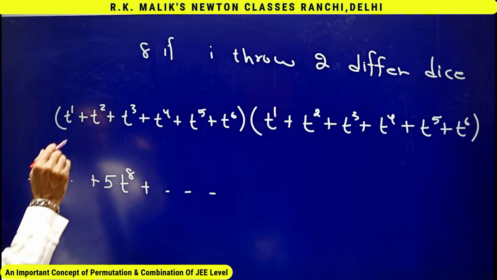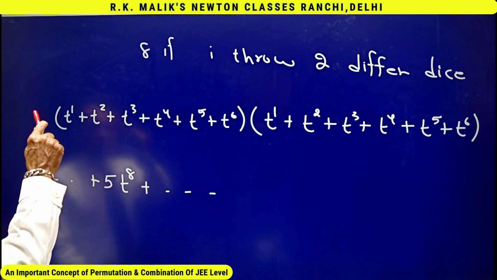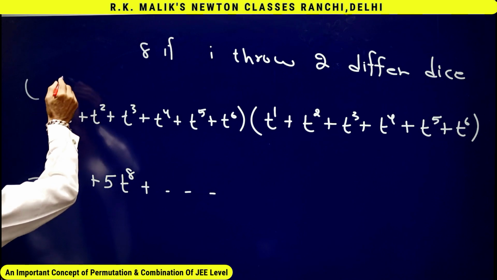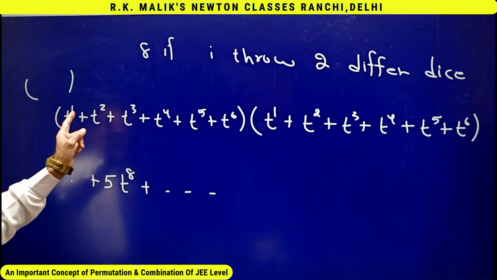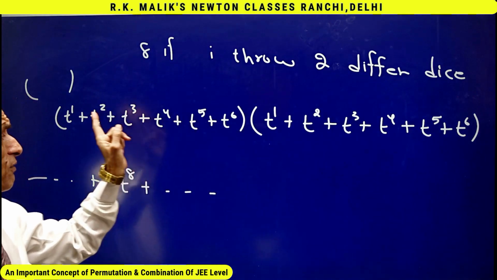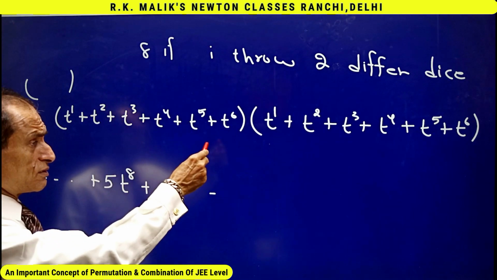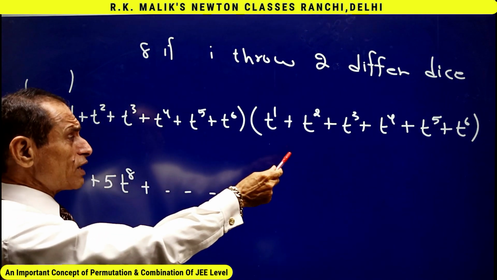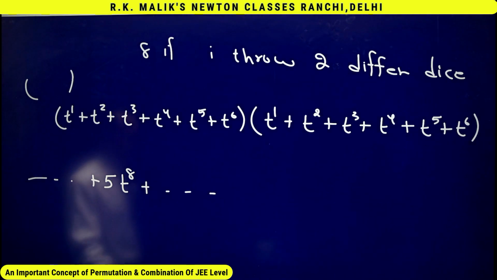With the help of previous explanation, now you can see very easily that powers of t are the numbers on the die, and because on both the dice 1 2 3 4 5 6 were there, in both the brackets I have written t to the power 1, t to the power 2, t to the power 3, 4, 5, 6, and I have written the bracket two times because I was throwing two dice.